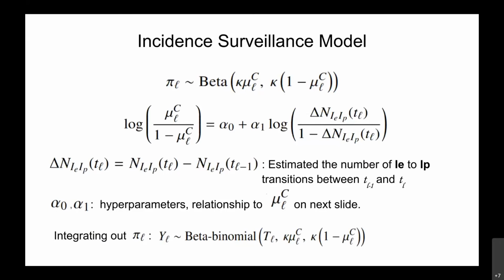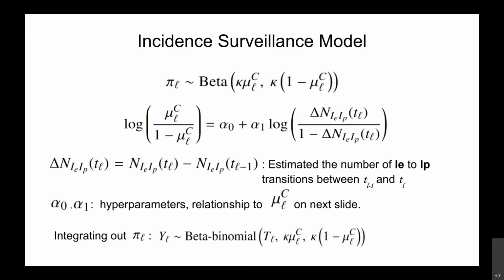It seems like a little bit of an odd functional form, but it does the right thing, because as incidence goes up, so too does our per-test probability of positivity. And so here's how we link incidence to test positives, in other words, to cases. This delta N_IE,IP is a change in cumulative IE to IP transitions over the time interval t_{l-1} through t_l. And then we have these hyperparameters.